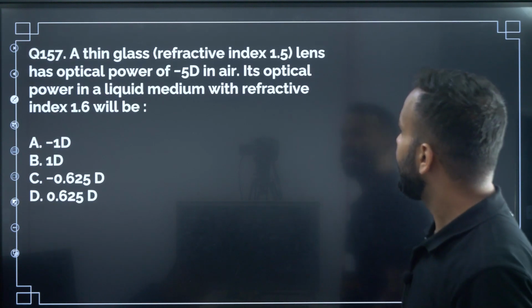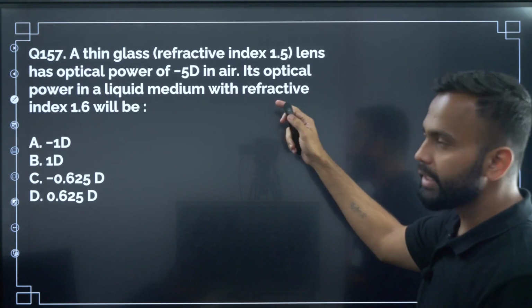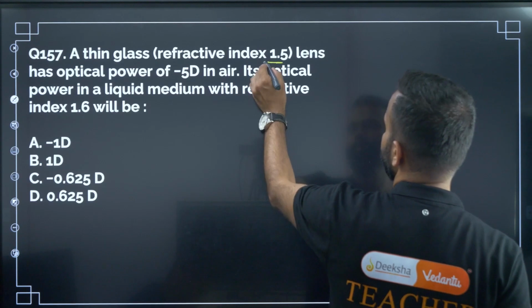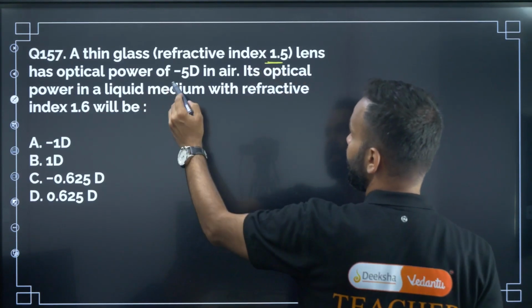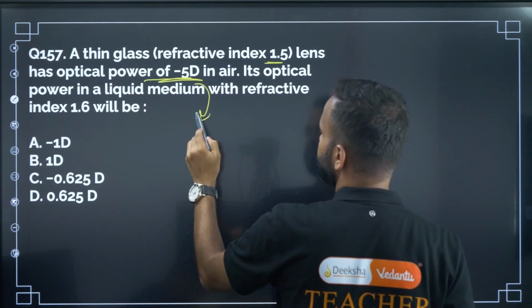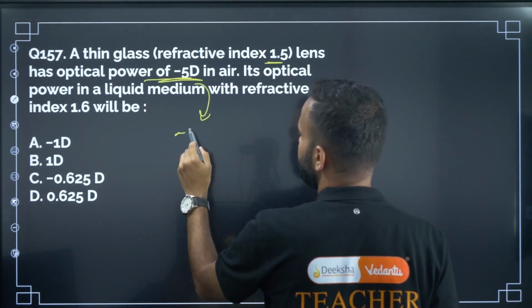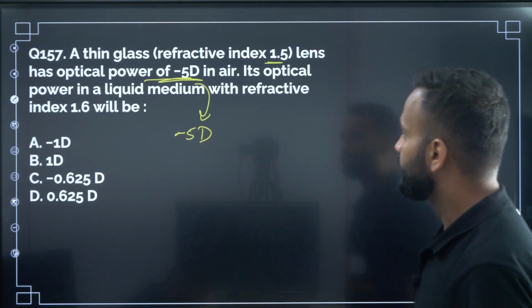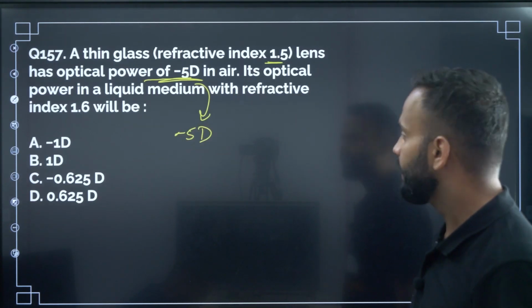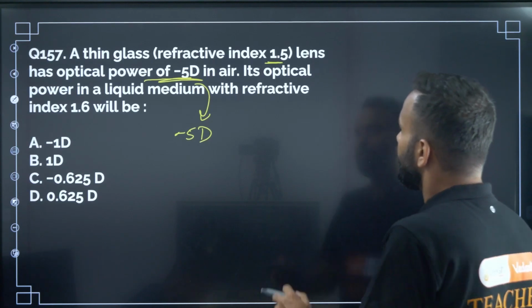157th. The refractive index of the thin glass is given as 1.5. A thin glass lens has optical power of -5 diopter. So this is a diverging lens.